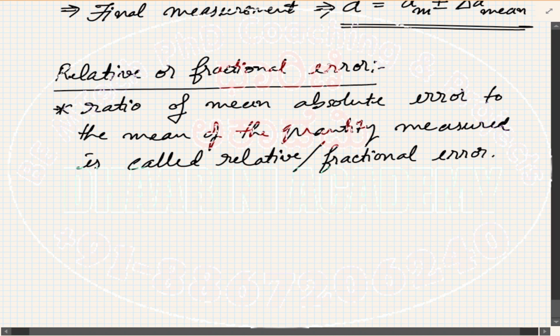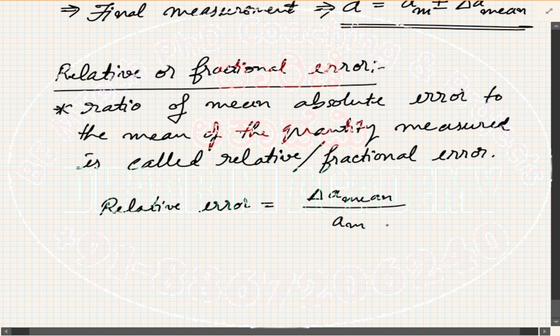It can be defined as relative error equals delta A mean, the notation we used earlier, whole divided by AM.